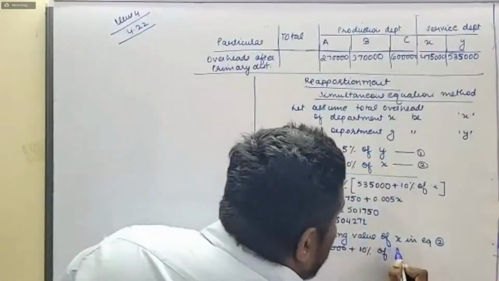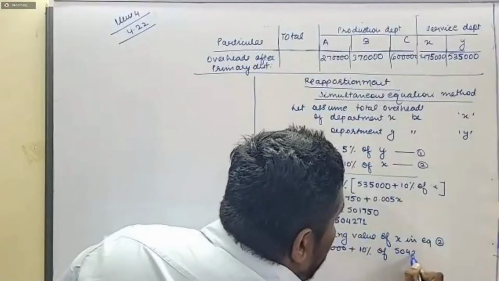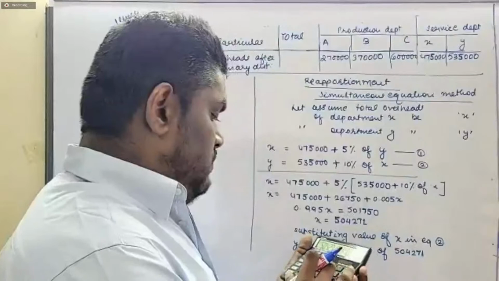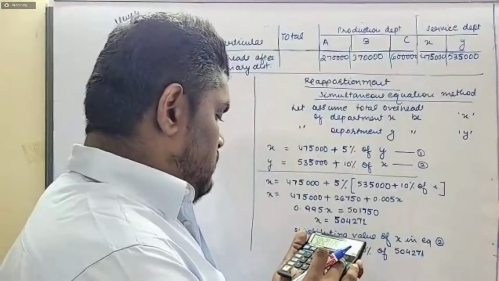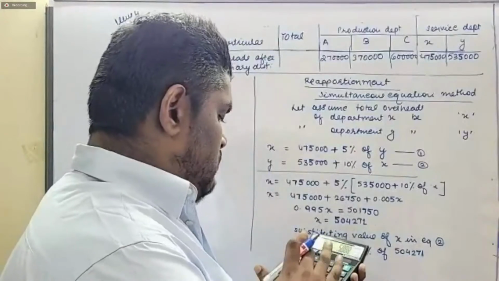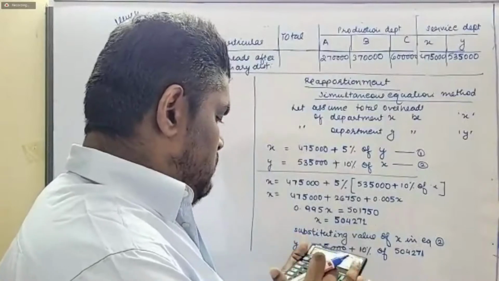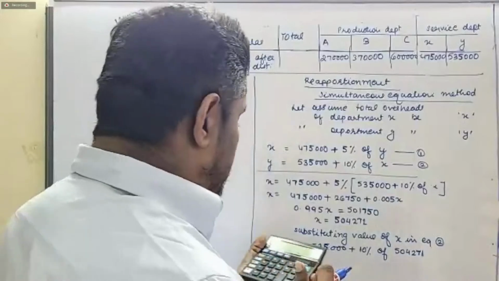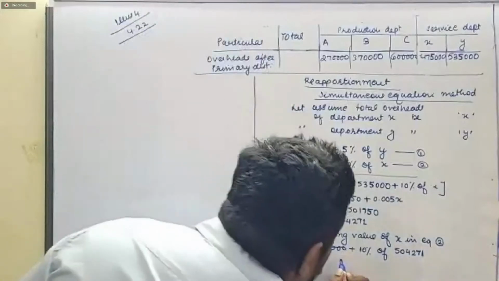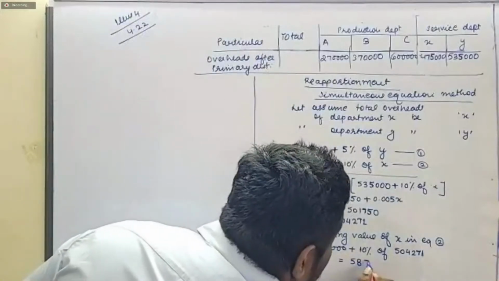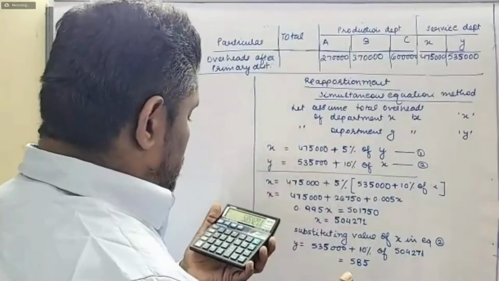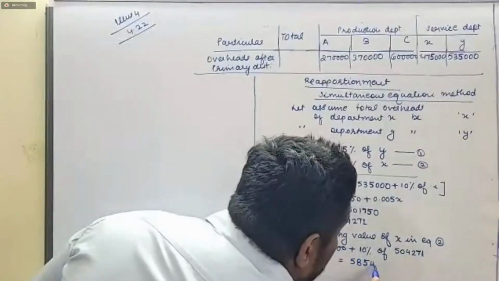And the value of x is how much? 504271. So this will be 585,427.